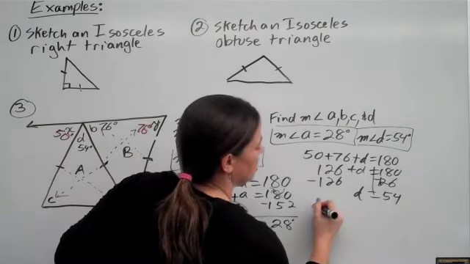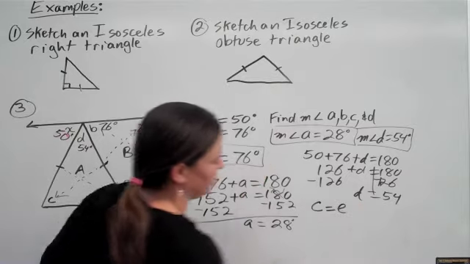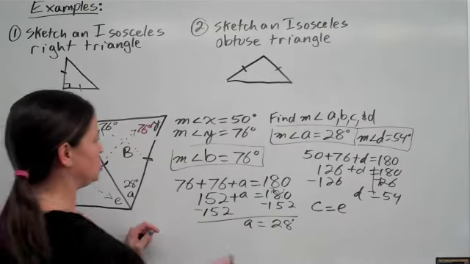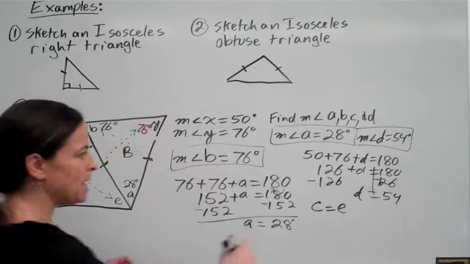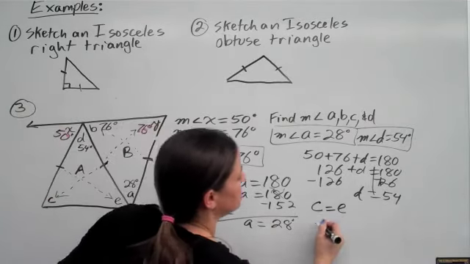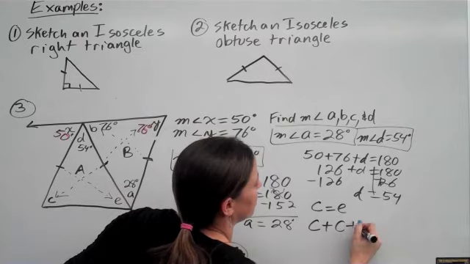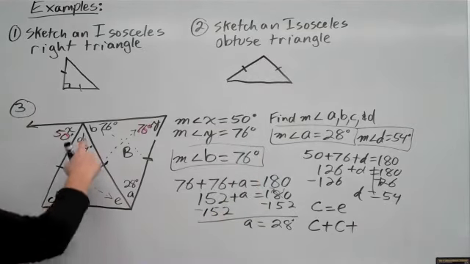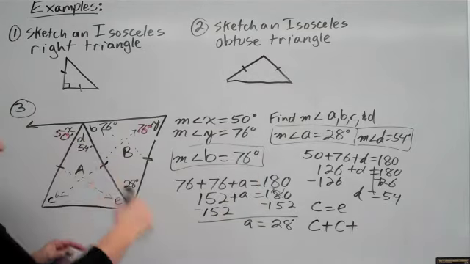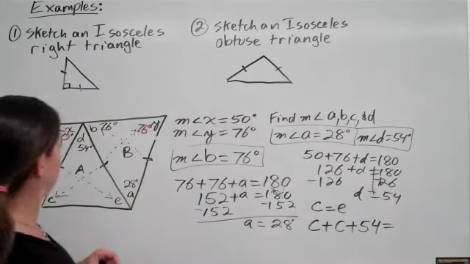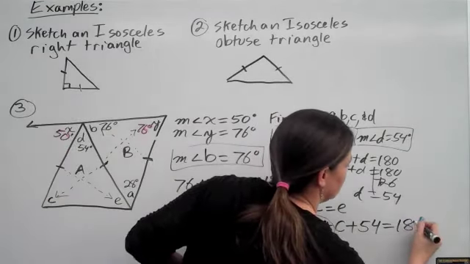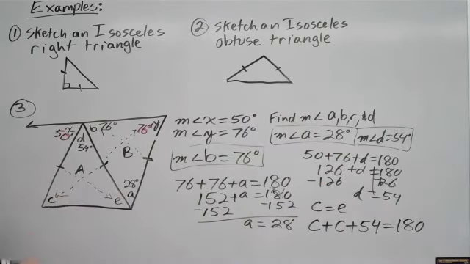So angle C is equal to angle E. Let's just call them C for now, since they're both C. My new equation is C plus C plus 54 is equal to 180. Why? Because the angles of a triangle add up to 180.